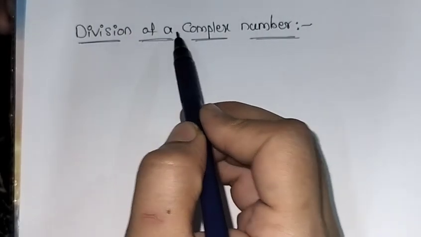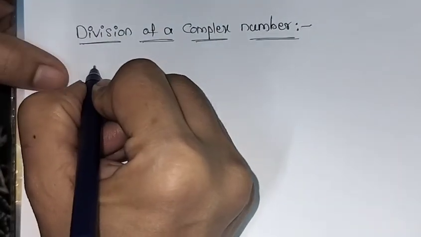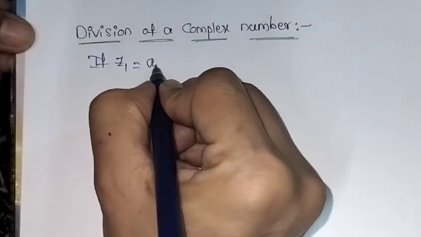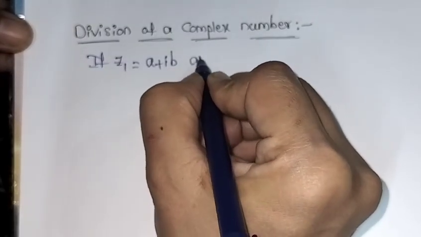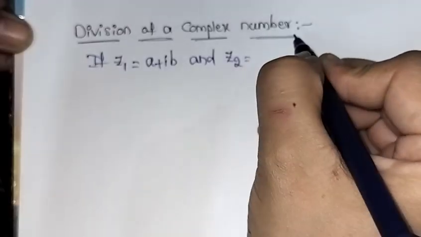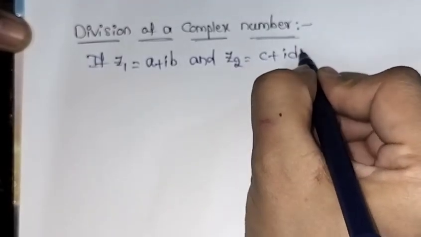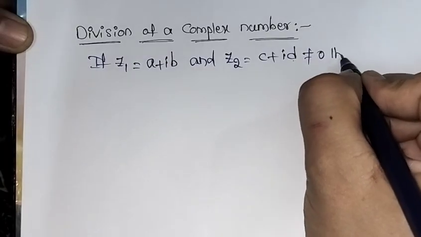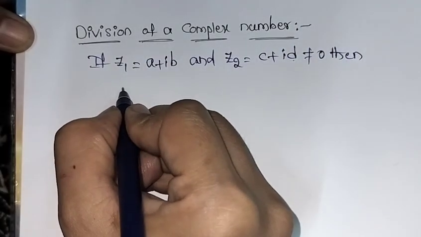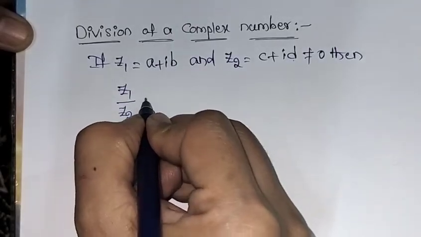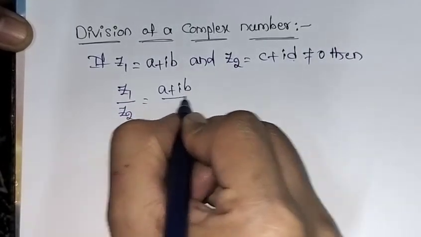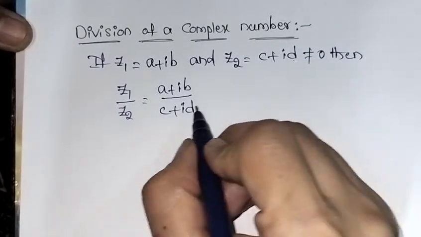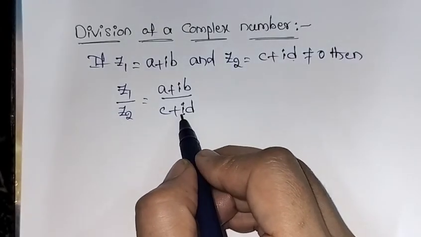Division of complex numbers. If z1 = a + ib and z2 = c + id, with c + id ≠ 0, we are doing division. Then z1/z2 = (a + ib)/(c + id). Since c + id is in the denominator, the denominator should not be 0.